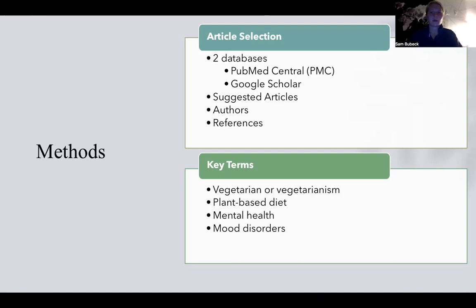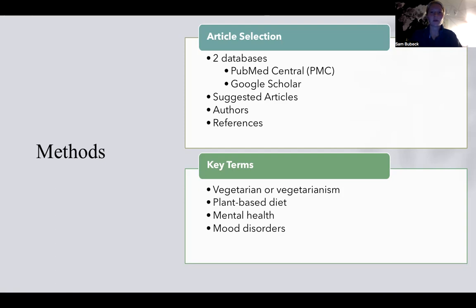I was able to find plenty of research, which I had to cut down because there was so much research. In addition, I used some suggested articles that I found along the way.